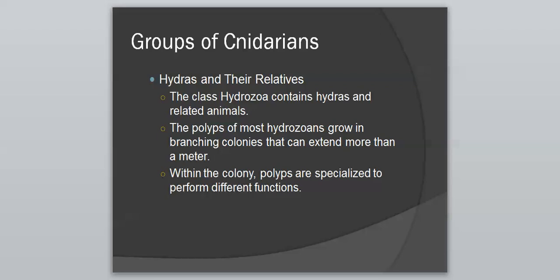This is pretty interesting. Each one is its own organism, but each carries out a different function to help the colony survive. We consider them not very specialized, but they've developed to the point where they can all carry out different functions for the greater good of the colony.